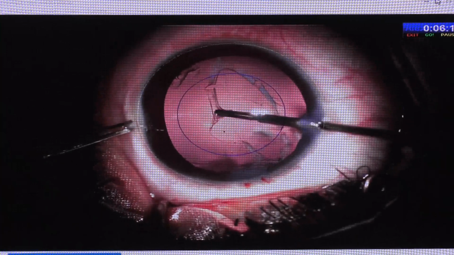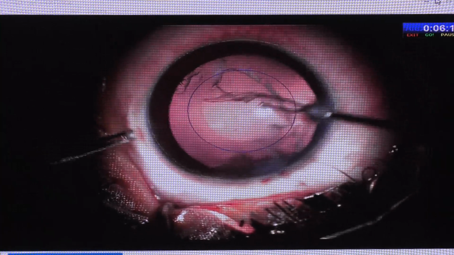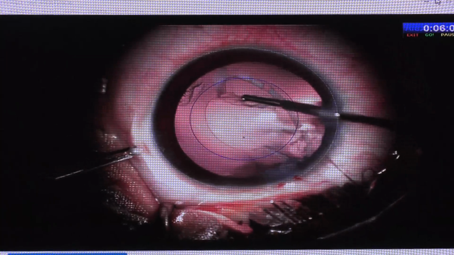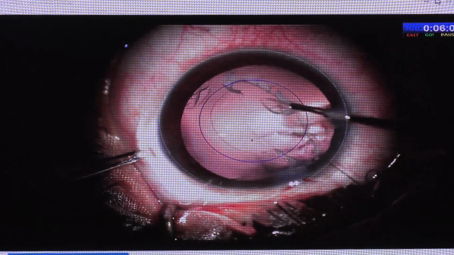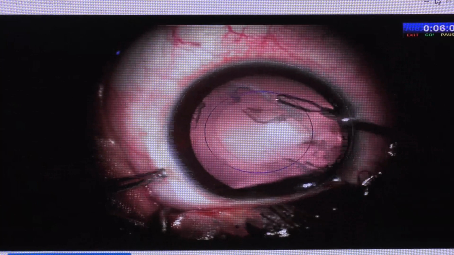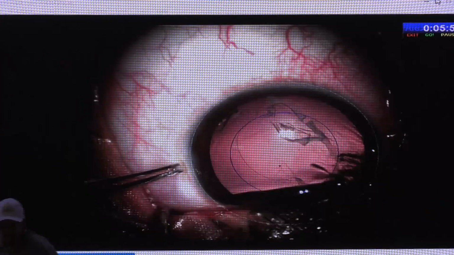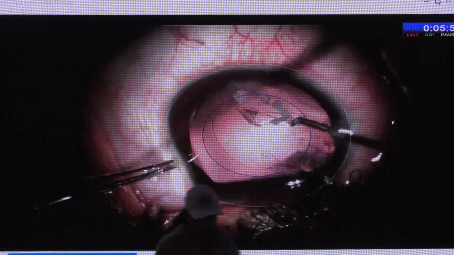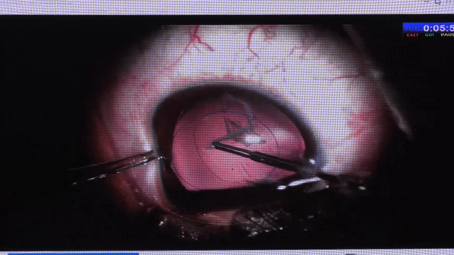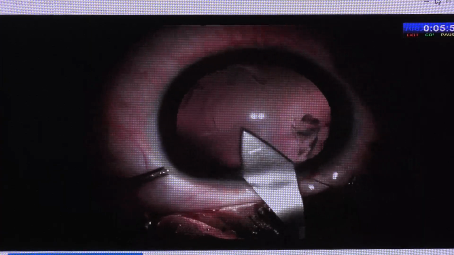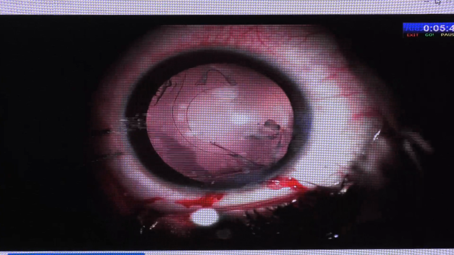These nicks are used to enlarge the anterior capsular defect in a circular fashion using microincision forceps. Wound is enlarged to 3.2 mm size.